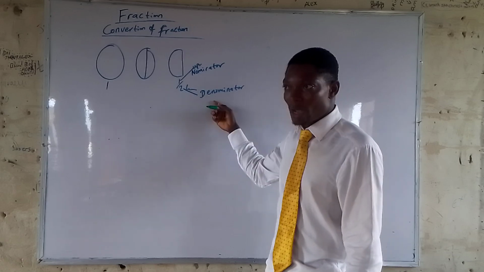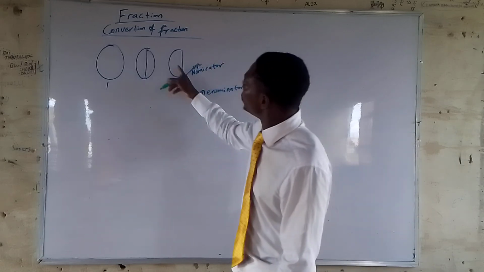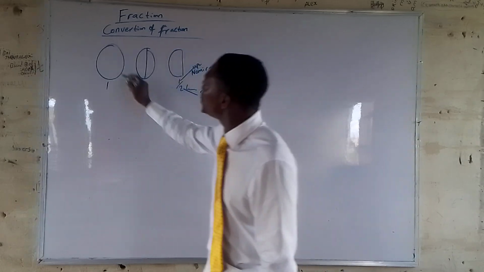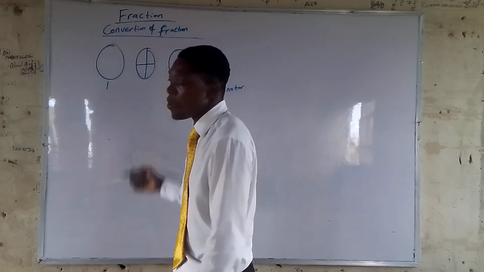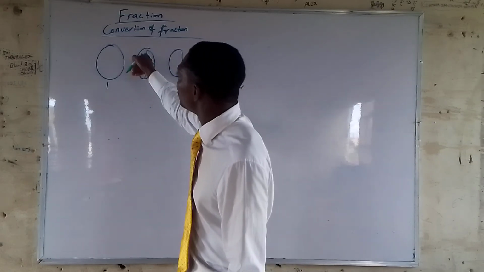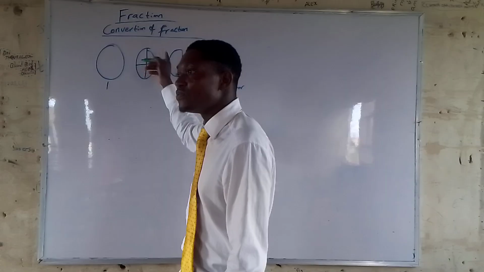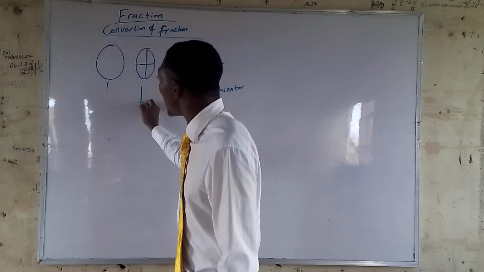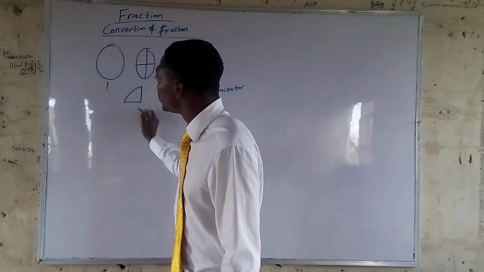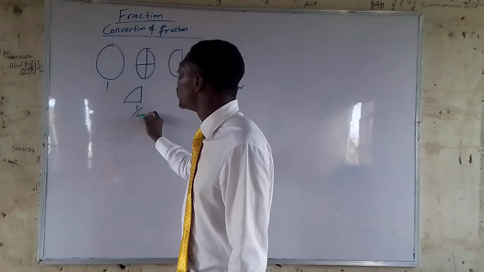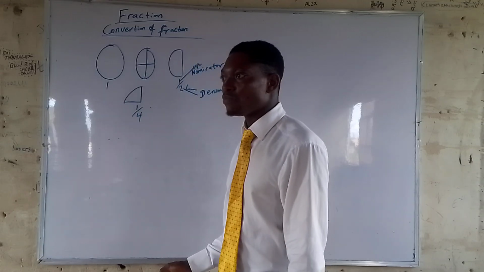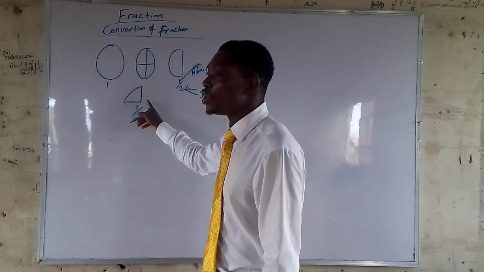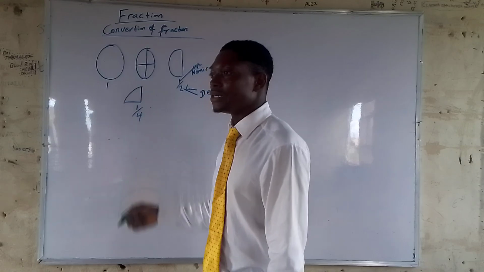That's the lower part. And when we have half of it, we can also divide this into 4. And when you bring out one of the 4, we are going to have something like this. So this becomes one of the 4. Are you there? And this is what we call 1/4.